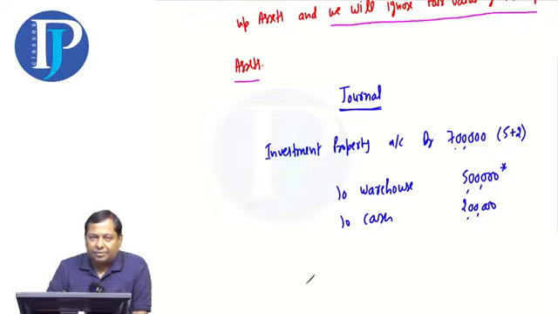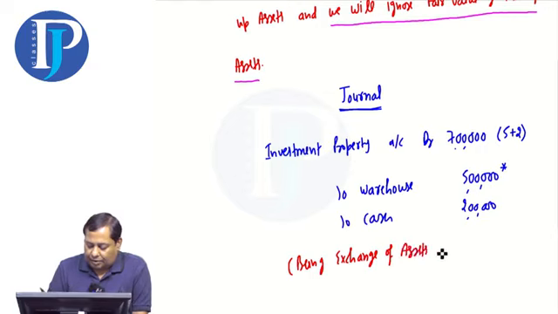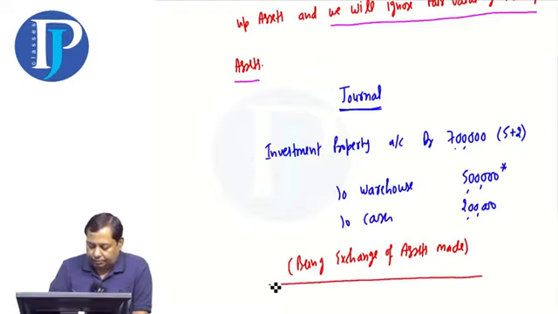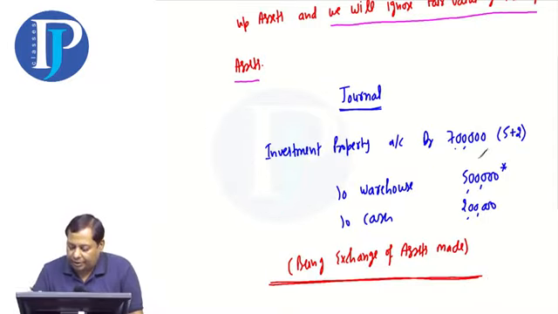You are final year students, so you must have understood why I have done this. Being exchange of assets made. You must have understood that.